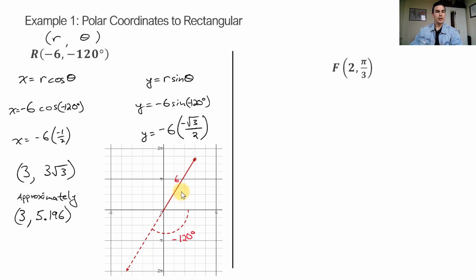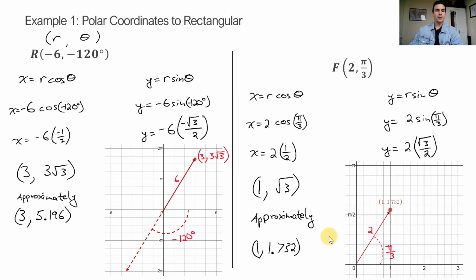So 6 units would be the length of this vector to land us on this point, which would be our 3√3. So using that exact same process, go ahead and convert 2 and then pi over 3 into rectangular form. Pause the video and see if you can do that.